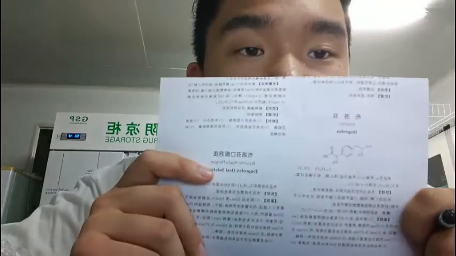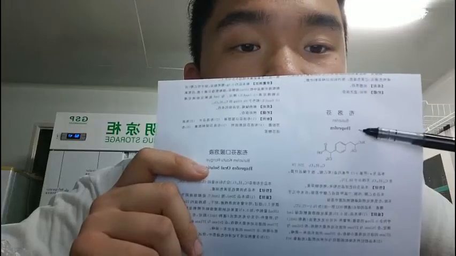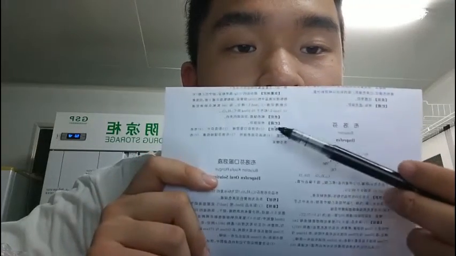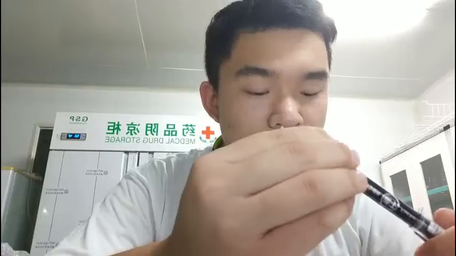In the Chinese Pharmacopoeia, there's one method of calculating the concentration of ibuprofen, which is also already given here. That means every milliliter of sodium hydroxide titrant is equal to 20.63 milligrams of ibuprofen. It has already been calculated for you. You can just use that data. This is what I've learned, the first thing.